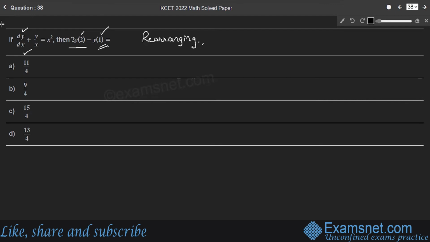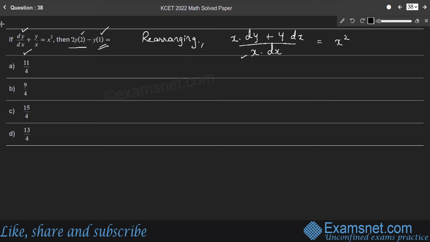This question is based on integration. On rearranging, we take the LCM, so x into dx is the LCM on the left hand side. The numerator becomes x into dy plus y into dx is equal to x square.